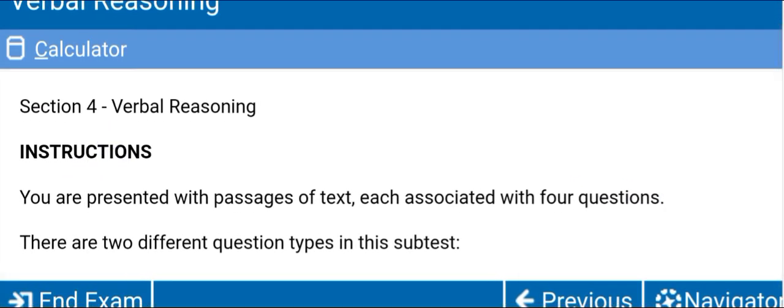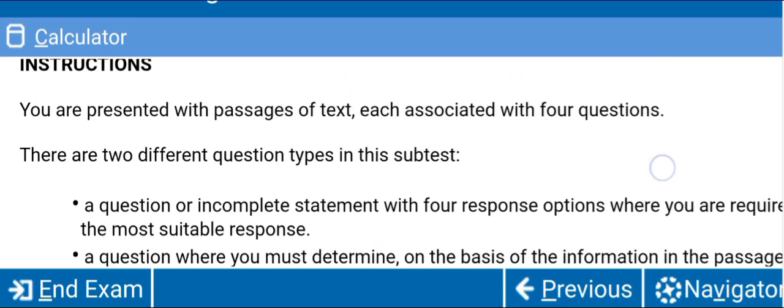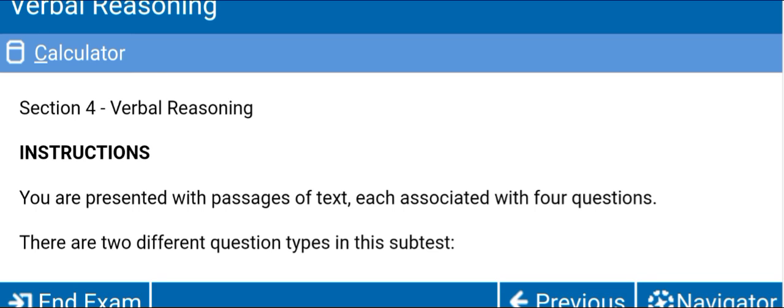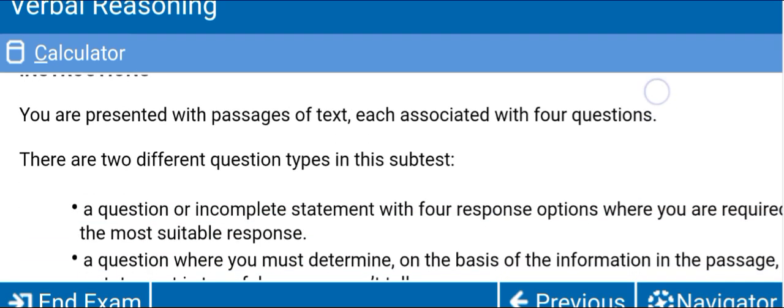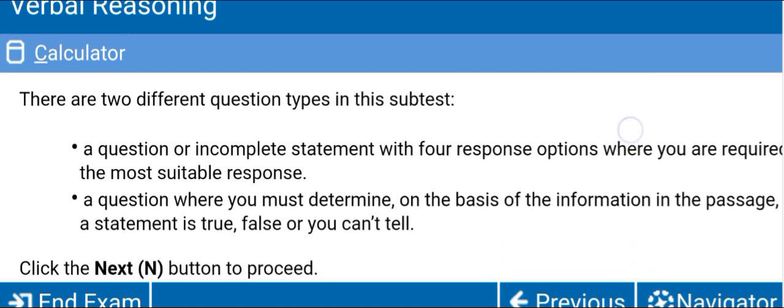Section 4, verbal reasoning. Instructions. So first we have some instructions given about which type of questions can be included in this section. So you are presented with passages of text, each associated with 4 questions. There are 2 different question types in this subtest.